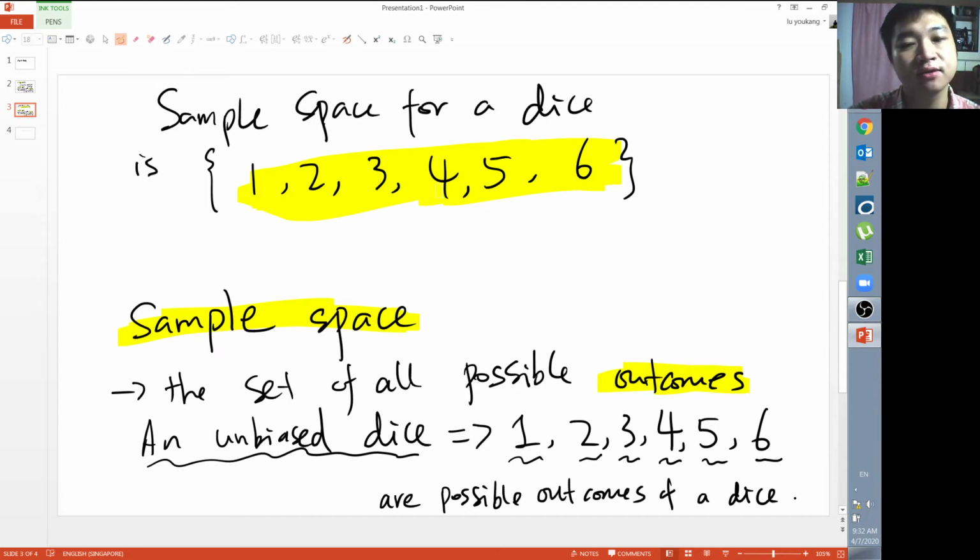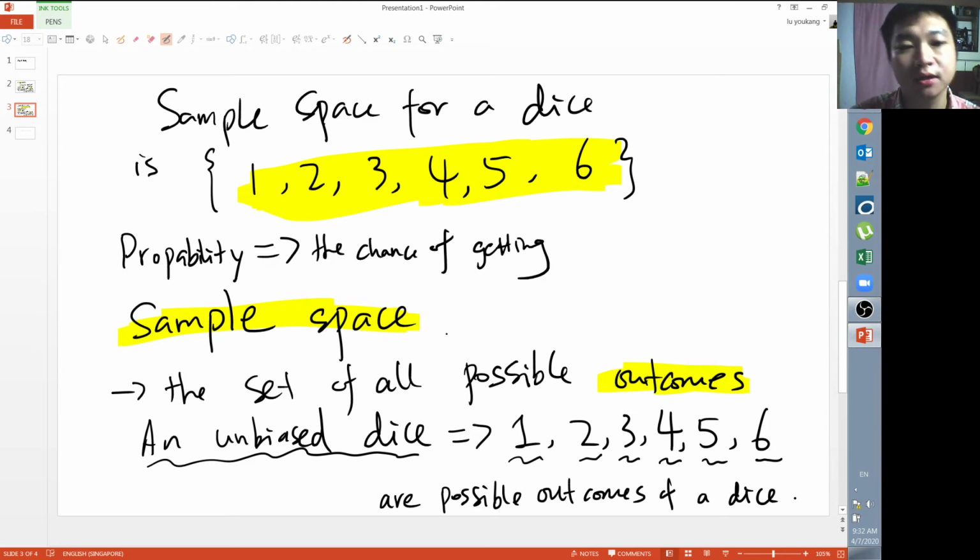All right. So now, what if the question asks what's the probability? So let me define the meaning of probability. The meaning of probability is the chance of getting.